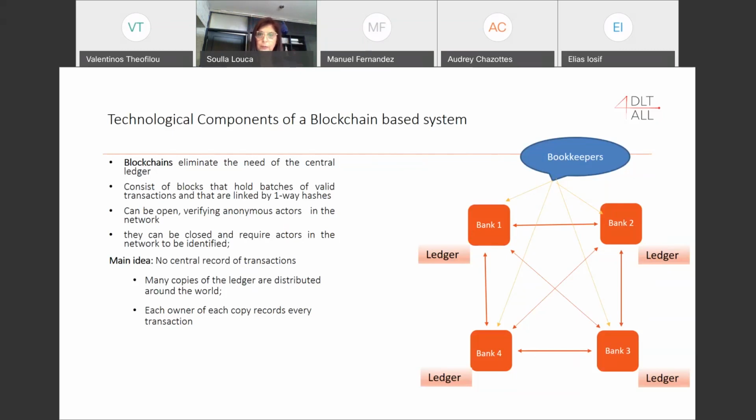The main idea is that there is no central record of transactions. Instead, many copies of the ledger are distributed around the world. And each owner of each copy records their transactions.